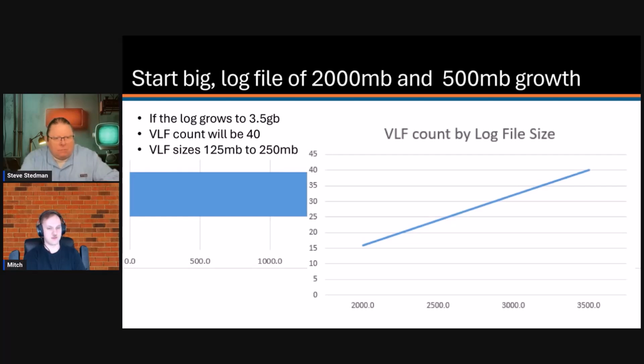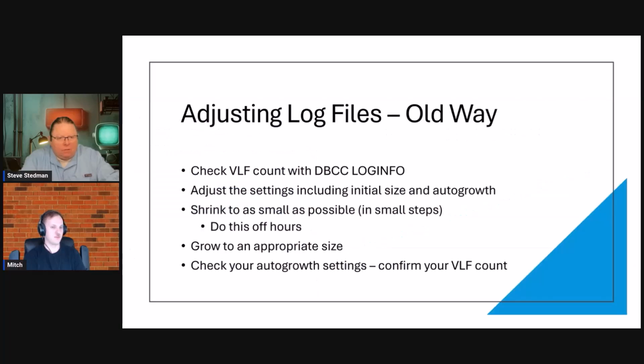If your last few VLFs are absolutely massive, that can cause a lot of problems waiting for those to actually roll over. So one of the big things that we recommend is getting the settings set up properly.